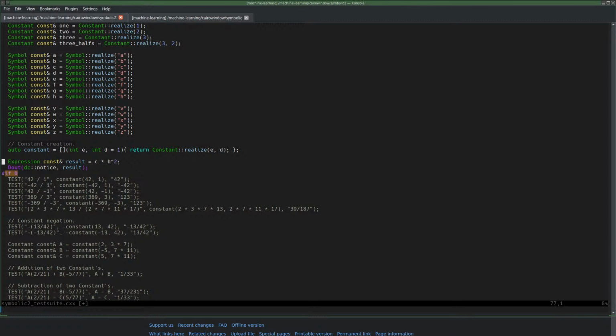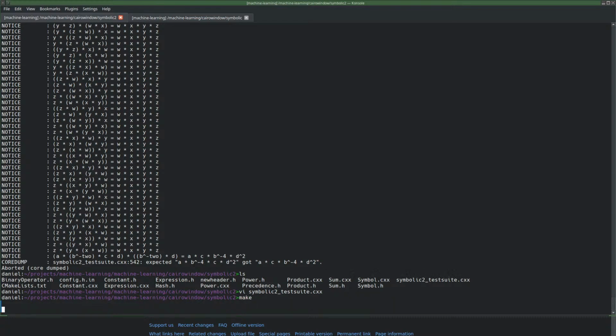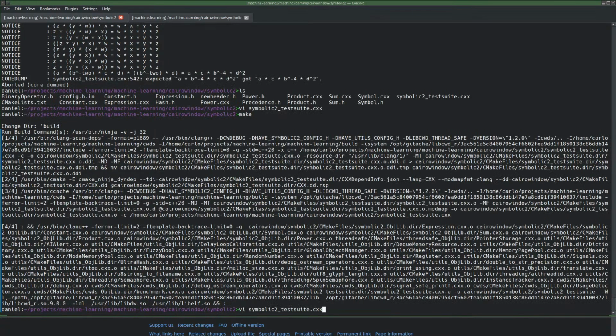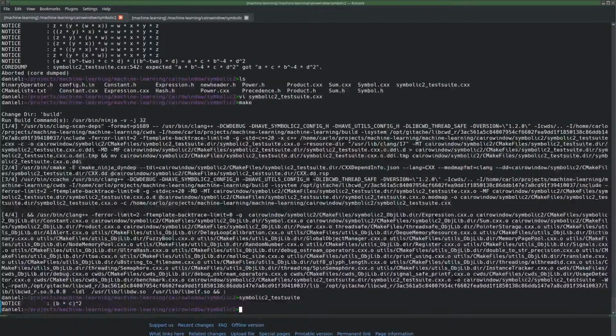So apparently if you do C times a B to some power, this is the order that we get. Let's check if that is the case. Well, oh, sorry.